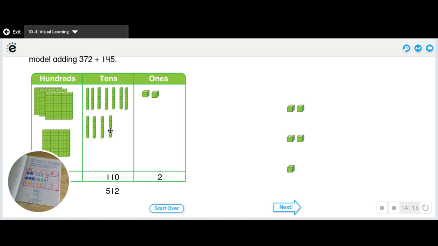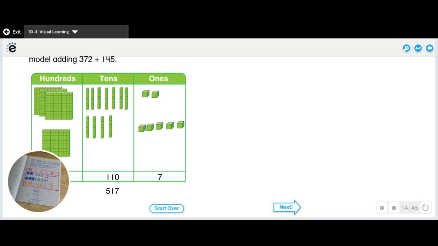Because there are 4 tens in 145. If we have 11 tens, it's going to give us a total value of 110 in the tens place. And now we're going to finish up by adding our 5 ones, which is going to give us a total value of 7 in the ones place.